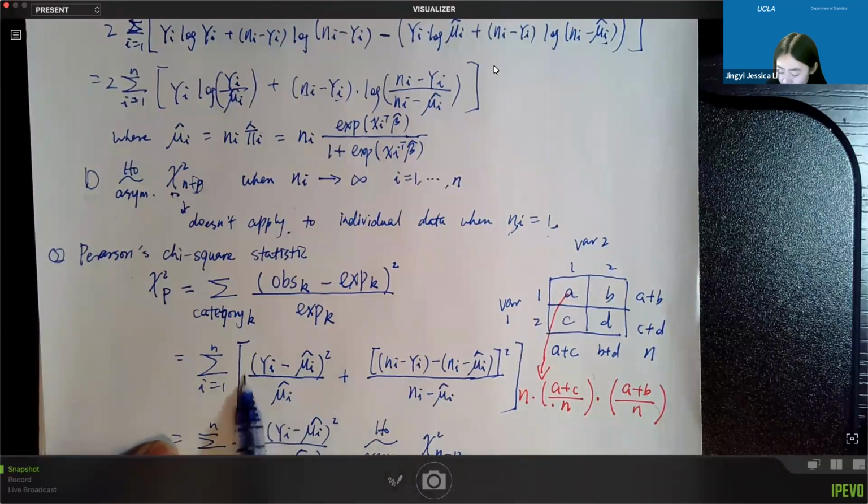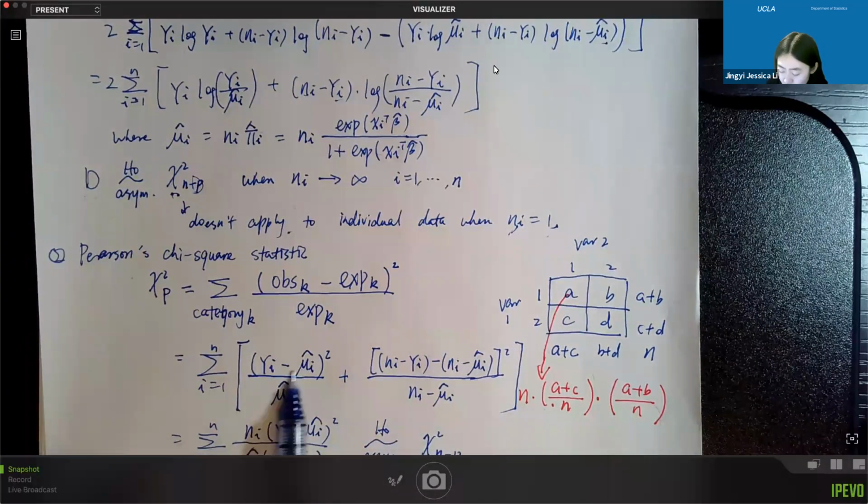So Yi is the observed count for ones, and Ni minus Yi is the observed count for zeros. And mu i hat and Ni minus mu i hat are the expected values we calculated from the GLM. The expected is divided here and here, and we take the sum.